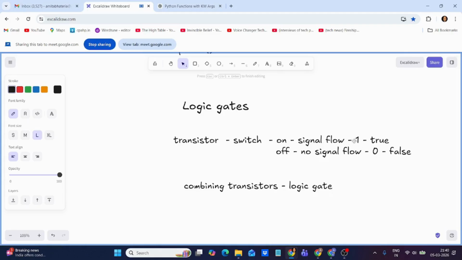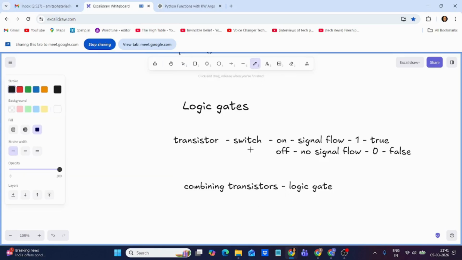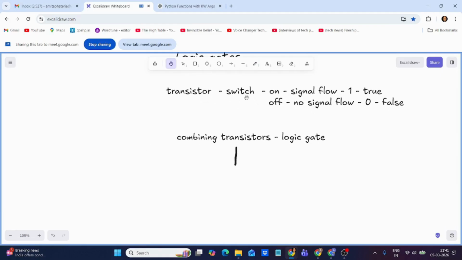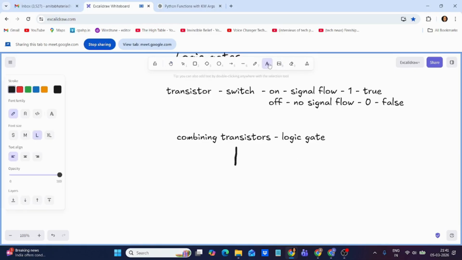When there is signal flow it is 1, and no signal flow means 0. So we can use this property of a transistor to form a logic gate. If there is a signal flow the value will be 1, and if there is no signal flow the value will be 0. When we combine transistors, they will have different values of 1, 0, and so on, right?